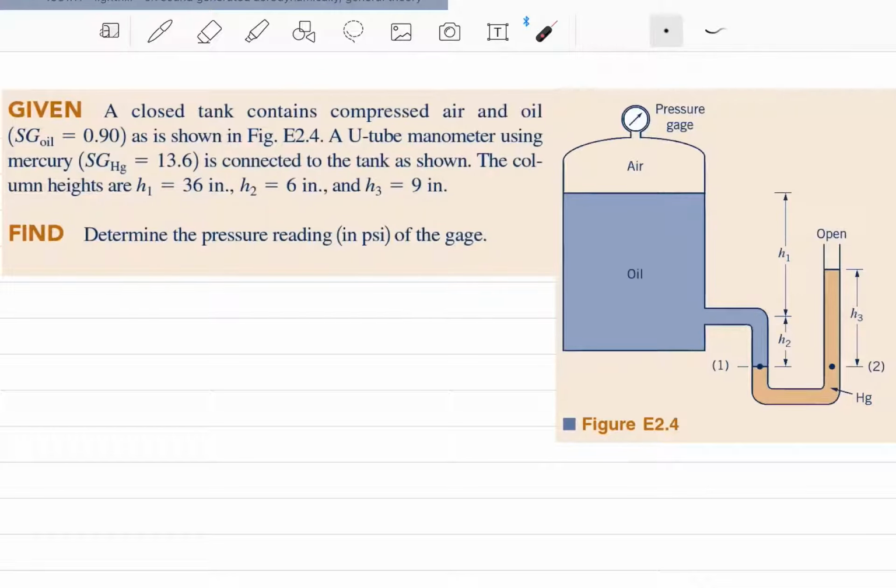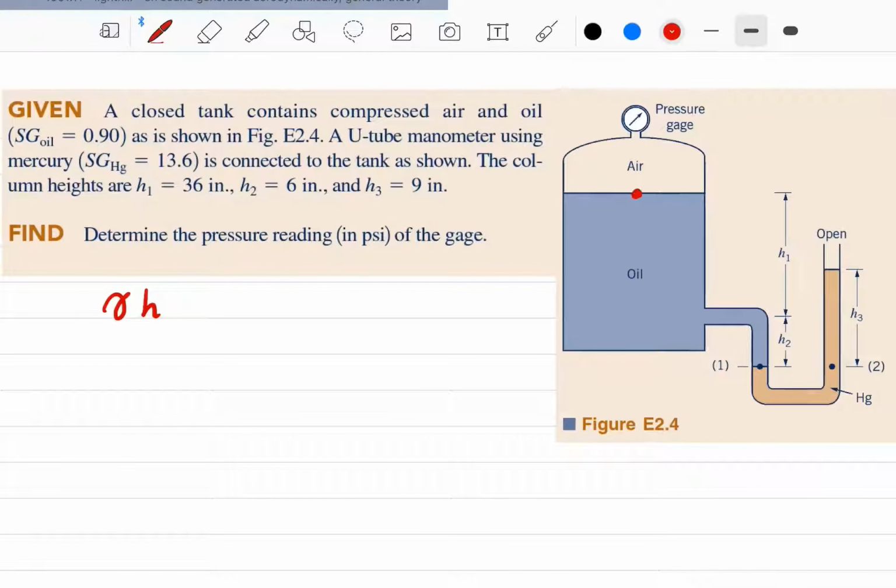In order to solve these kinds of problems, where the fluid is at rest and not moving, we need to write the manometer equation between 2 points. For those 2 points, we have to know the value of pressure at those 2 points, or all the gamma and H between those 2 points.